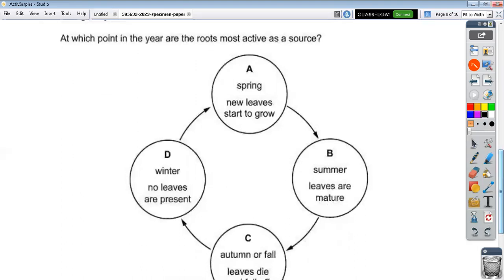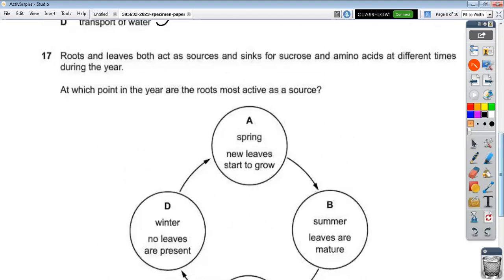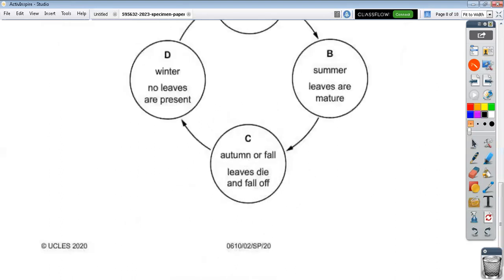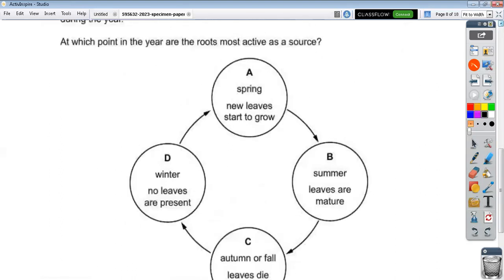So what do you think? Is it D? Not really. Quite close. Most active as source.